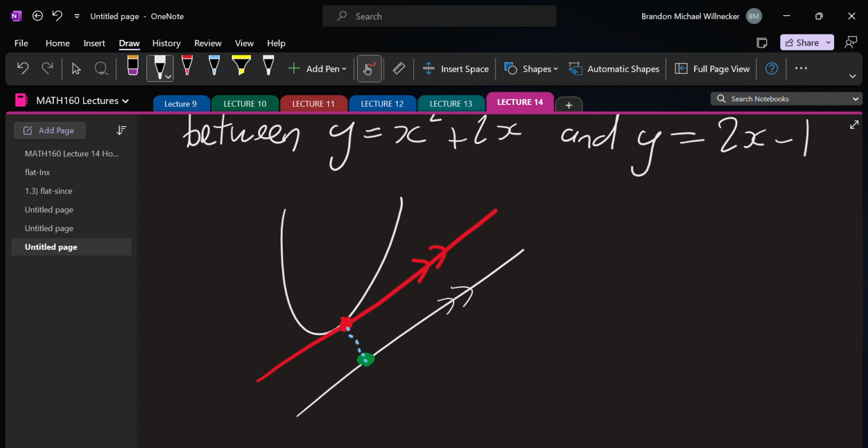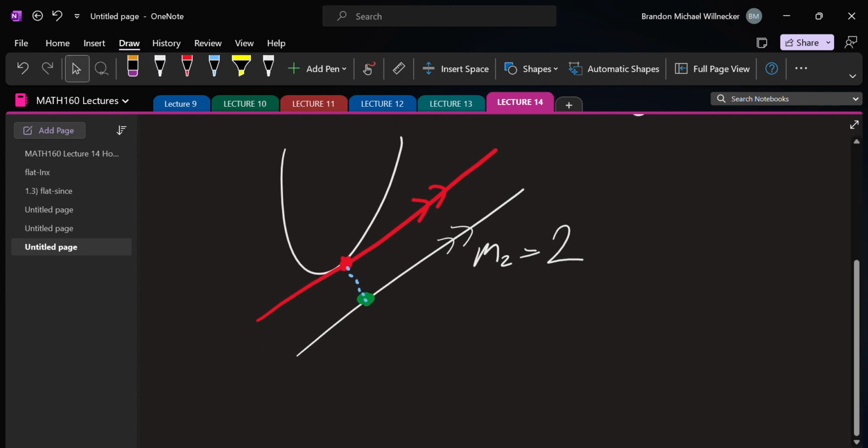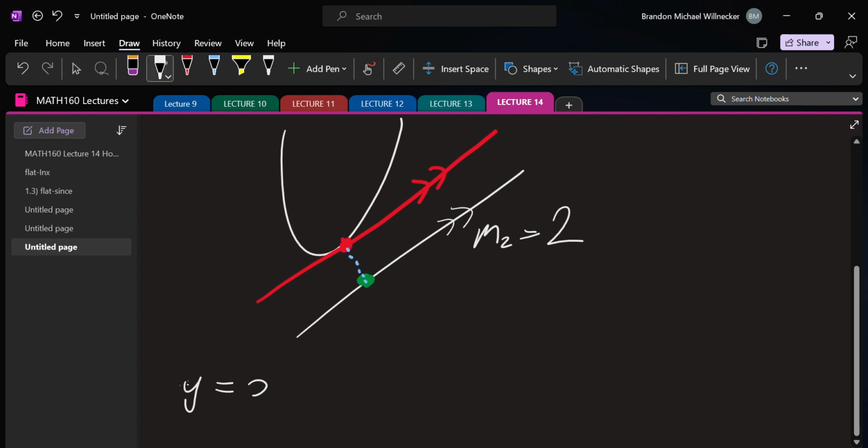Okay, we're making good progress. What's the gradient of the straight line? 2. So let's call this M2 is 2. What's the gradient for the parabola? We can't find that immediately. We need to find y prime. That's the gradient. So gradient, that's y prime.